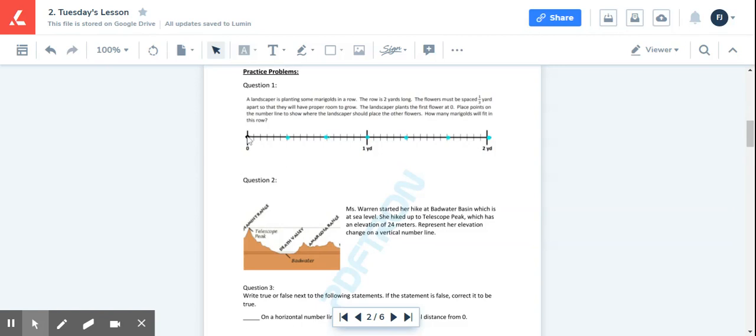So starting from 0, we have 1, 2, 3, 4, 5, 6, then 1, 2, 3, 4, 5, 6, and so on and so forth.